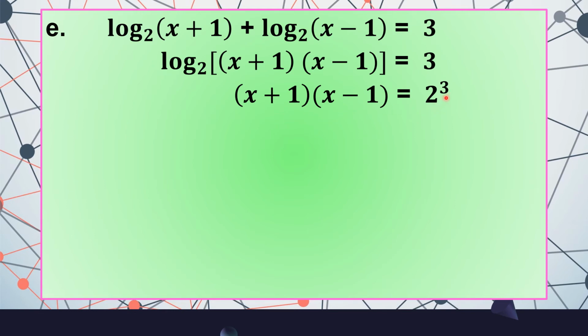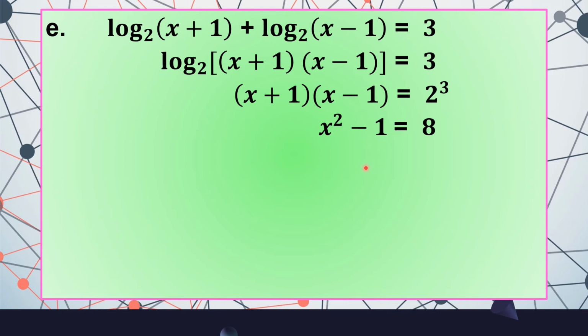Simplifying 2 cubed, we have now 8. And since (x plus 1)(x minus 1) is equal to x squared minus 1. Solving now for x, transpose 8 to the left side of the equation.